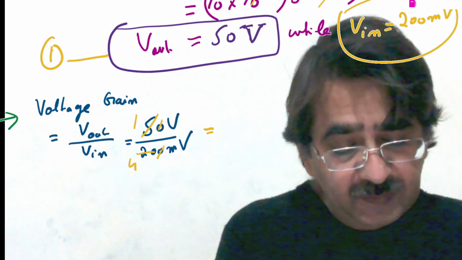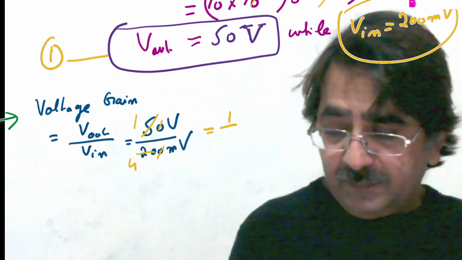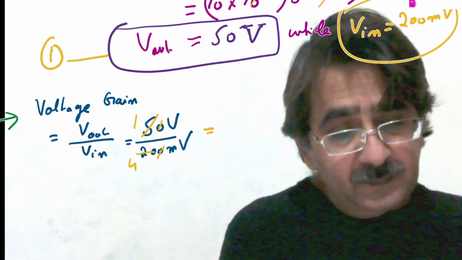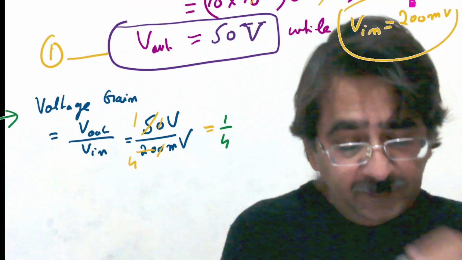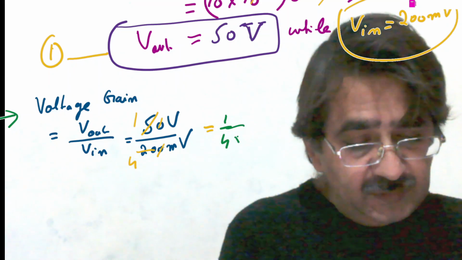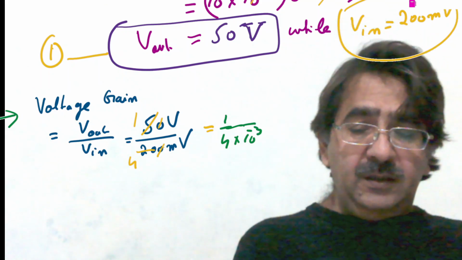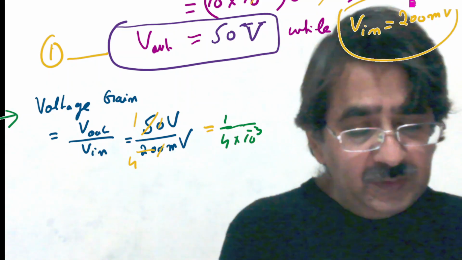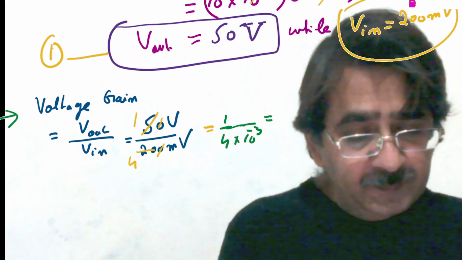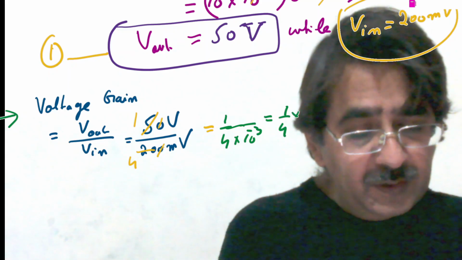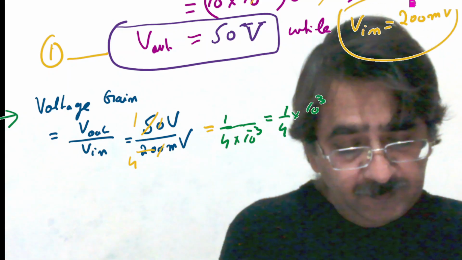So you may say that this is 1 by 4 times 10 raised to power 3, because this will have no unit.